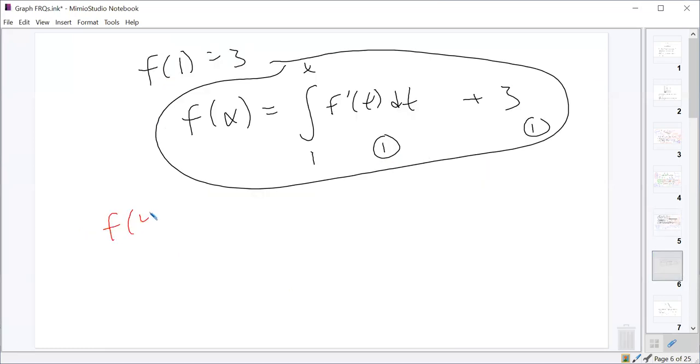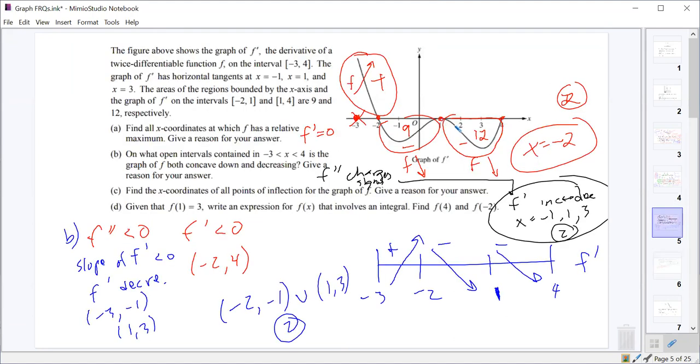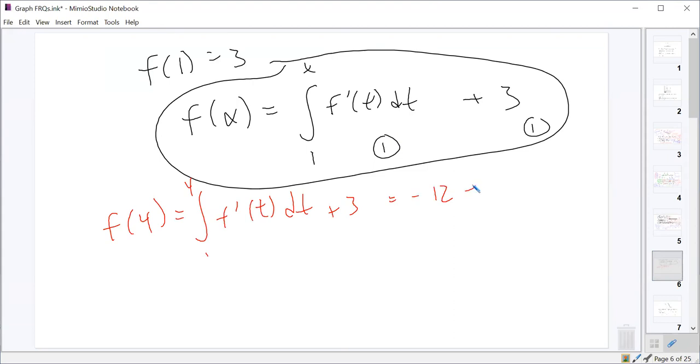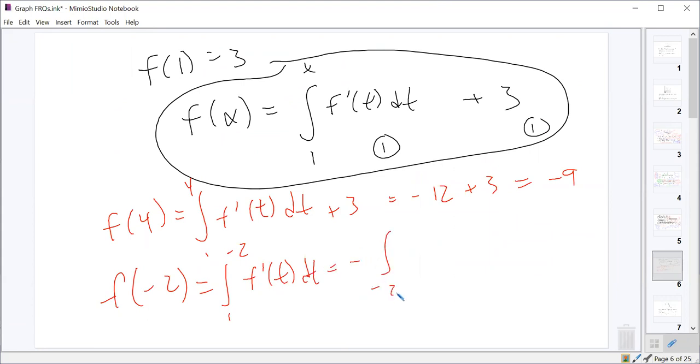So f of 4 is the integral from 1 to 4 of f prime plus 3. And the integral from 1 to 4, well, that's just this area, which is -12, since it's an integral. So this will be -12 plus 3. So -9. And then what was the other one? We wanted to find f of negative 2. That should be the integral from 1 to negative 2 of f prime, which will be the opposite of the integral from negative 2 to 1 of f prime, plus that 3.